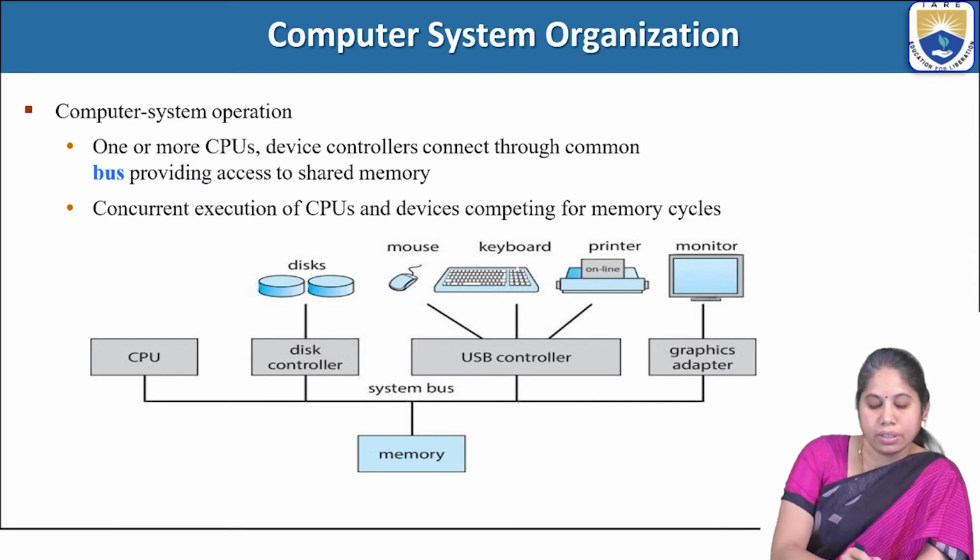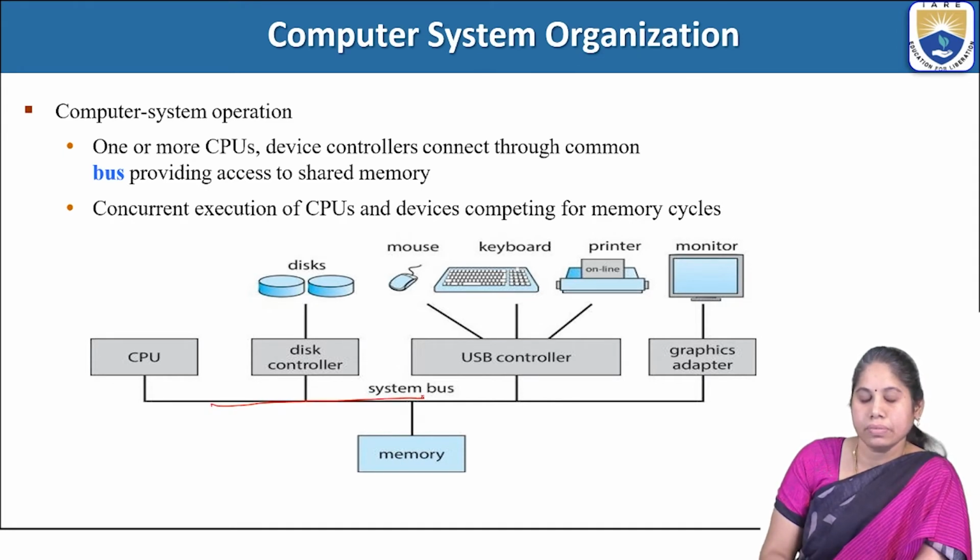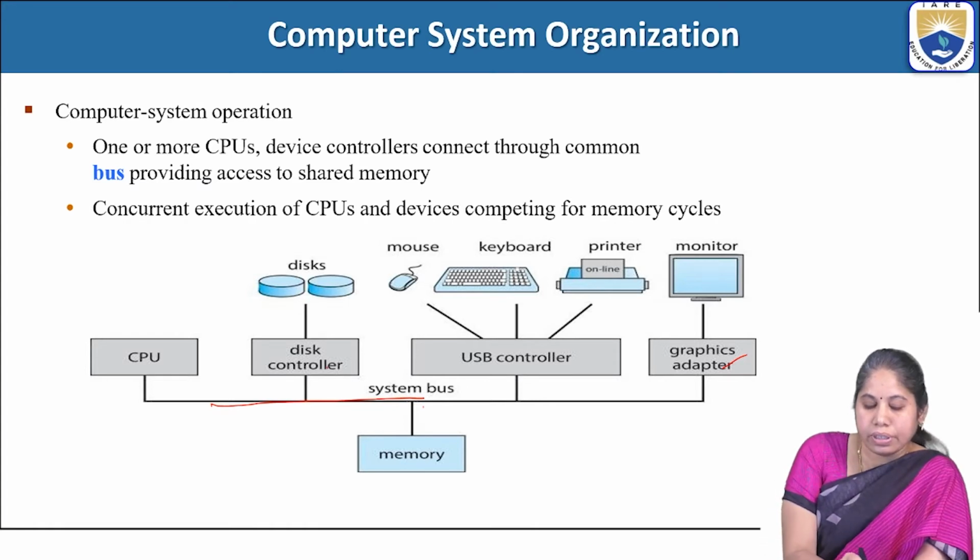If you observe this figure, different resources are connected to the system bus: CPU, disk controller, USB controller, graphics adapter. All these different devices are connected to the system bus to get information from memory. What operations are we going to perform in a computer?